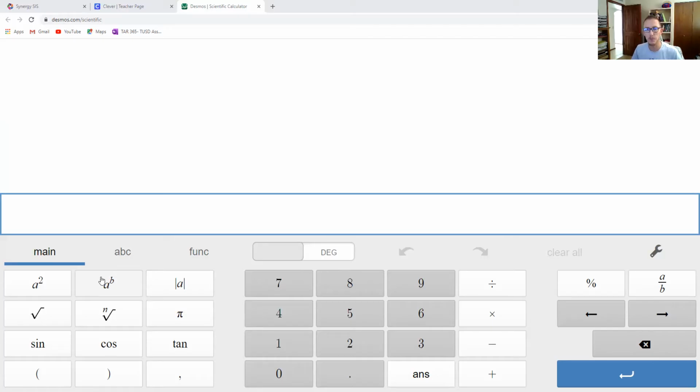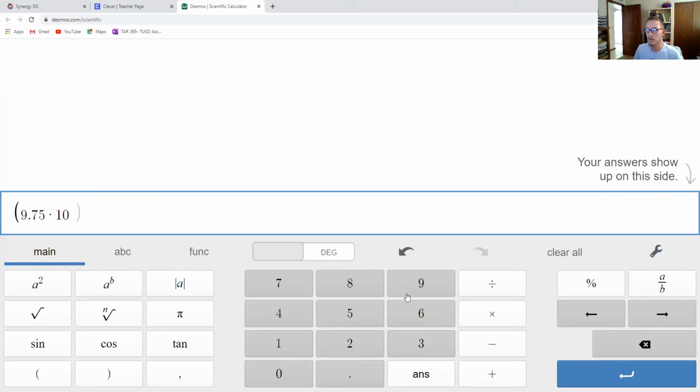So if we take that first problem, which was a subtraction problem, I'm going to start with the parentheses, and then it was 9.75 times 10 to the 9th power. So I type in the 10, push the exponent button, 9. Now the key here is you're going to see the cursor blinking up there with the 9 in the exponent.